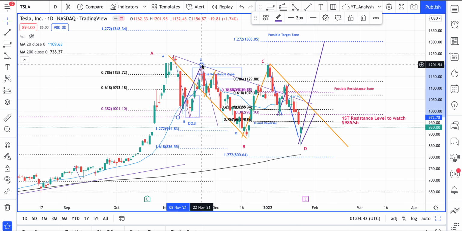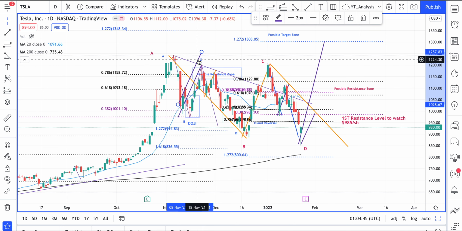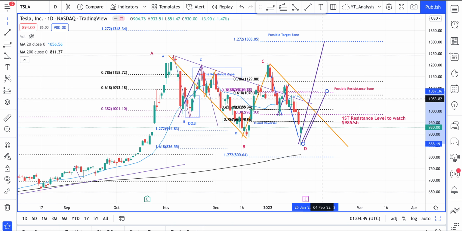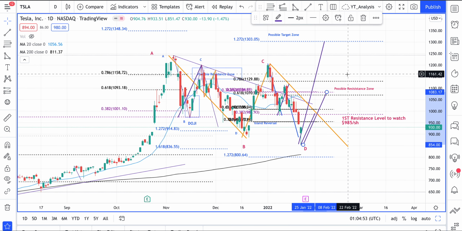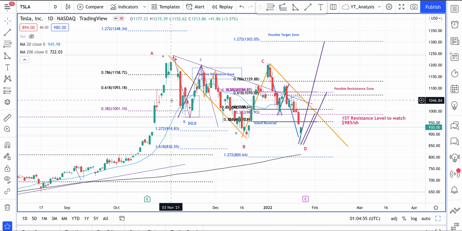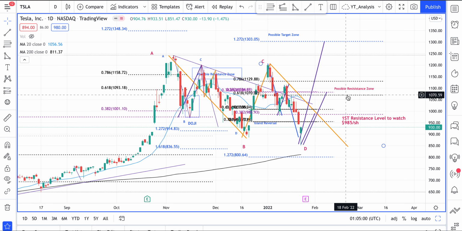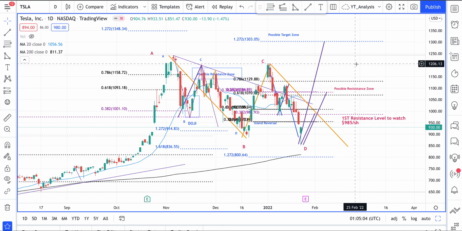Then, of course, the price objective would be on the higher side, around 1300 as the first objective. That's another symmetry coming from the AB leg, which goes around the 61.8% retracement as well. So that's the possible resistance zone.